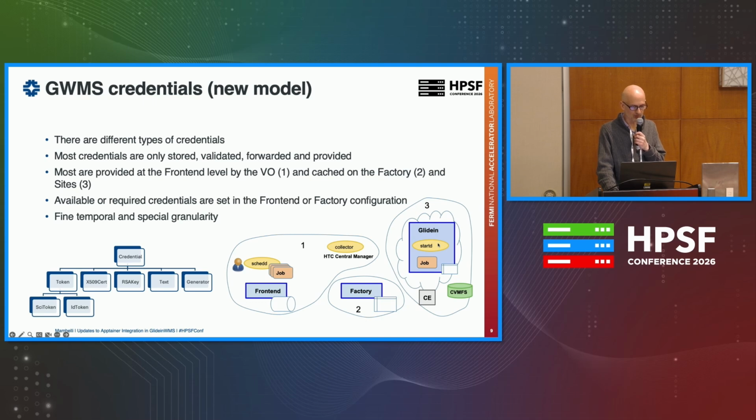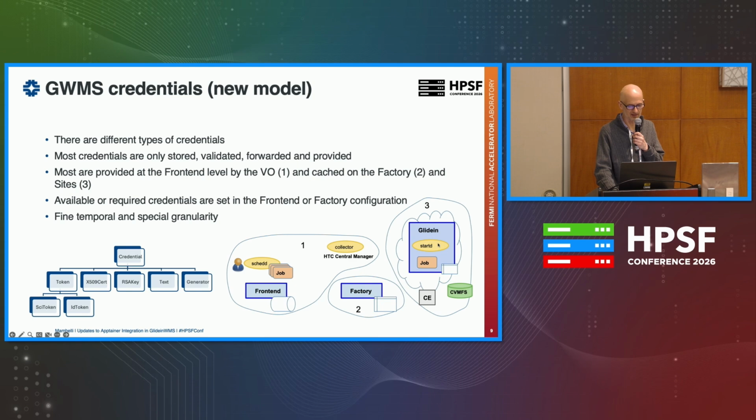So a lot of work in GlideinWMS this year was done on the credentials. We have different types of credentials that are used for many things. And GlideinWMS is mainly storing, validating, and forwarding the credentials that have been provided externally. Most credentials are provided to the front end.